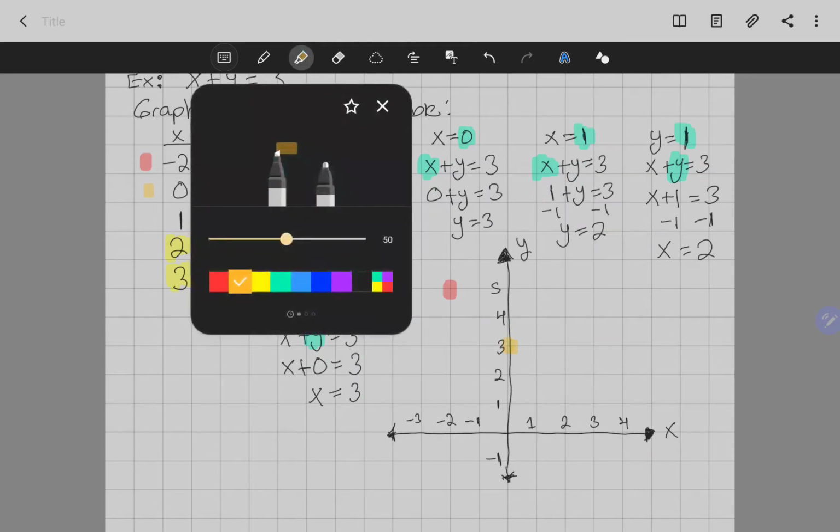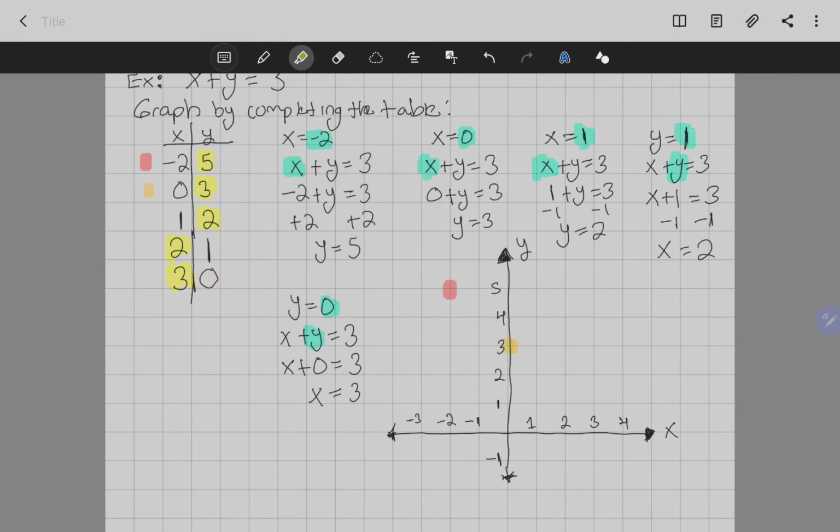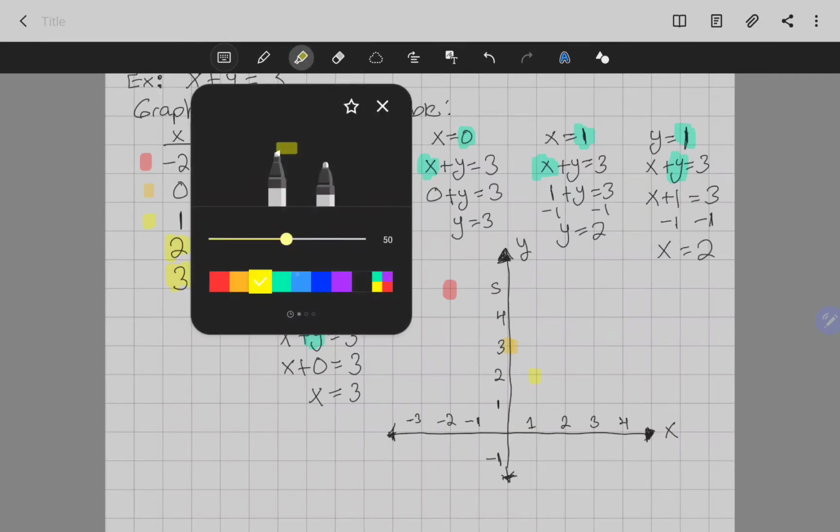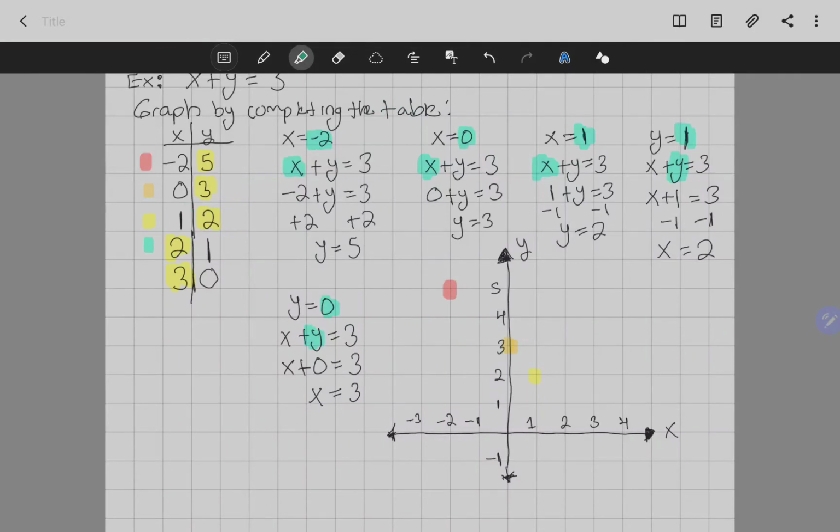I go to the next one. Let's make this one yellow. So this is 1, 2. So I go 1 on the x and up 2. And there it is. Now I'm going to go teal. That's 2 on the x, 1 on the y.